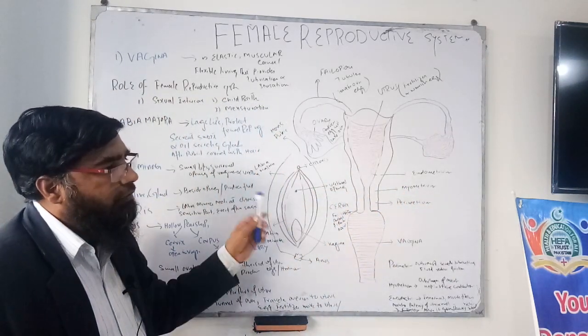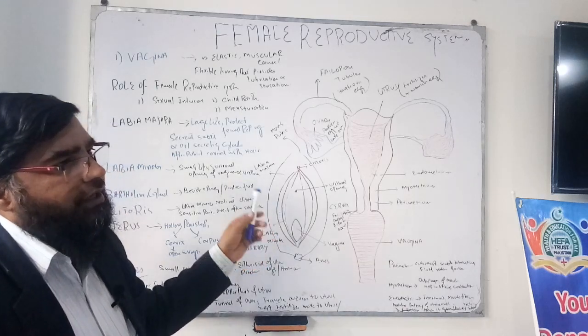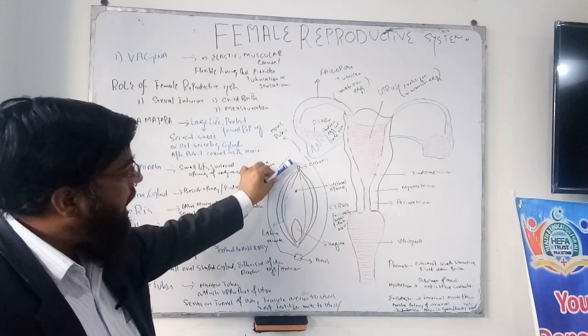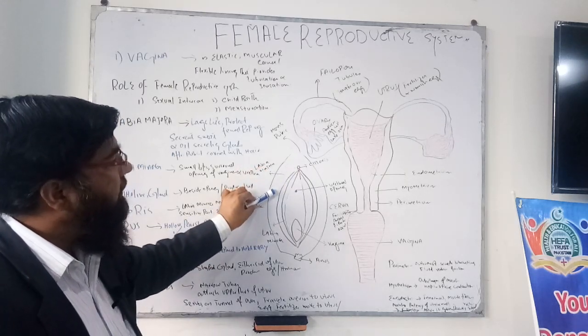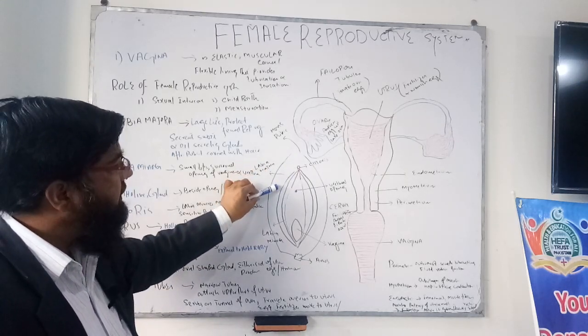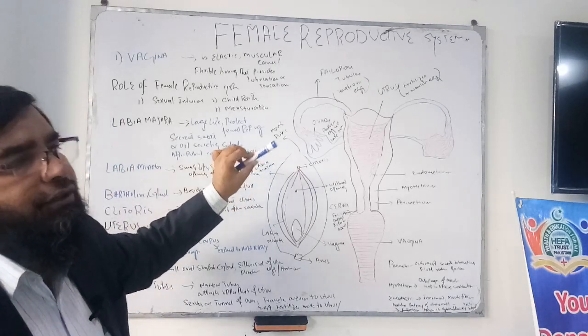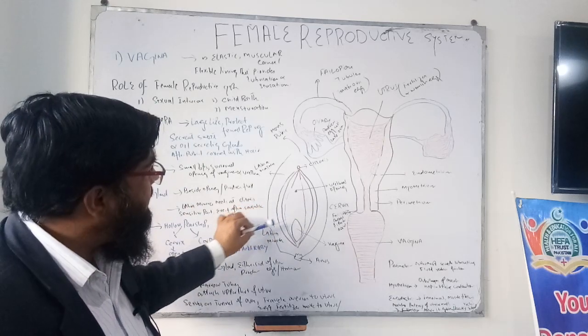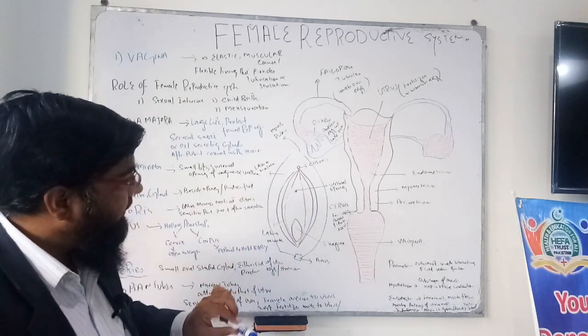In the outer part, the major parts are labia majora, the large outermost lip of the vagina, and the smaller inner lip called labia minora.